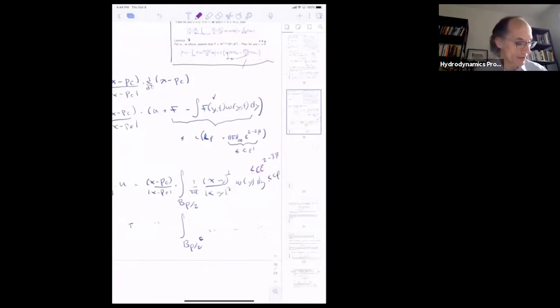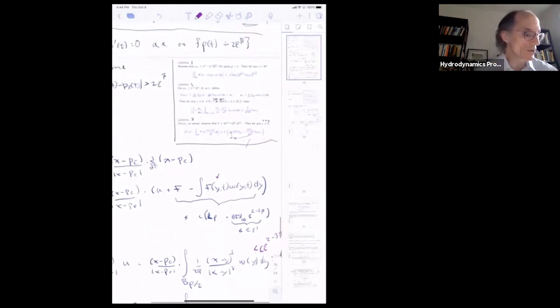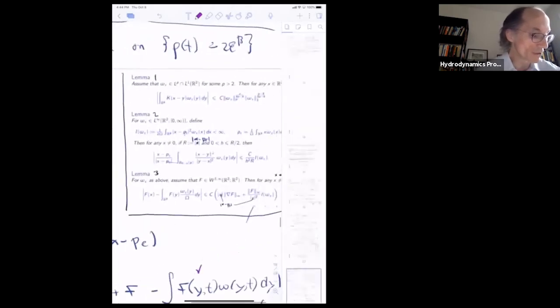Okay, and then for this one, we haven't used lemma 1 yet. So lemma 1 is the remaining thing. This was the first thing we proved. And this says, we look at the convolution of the Green's kernel with the vorticity.